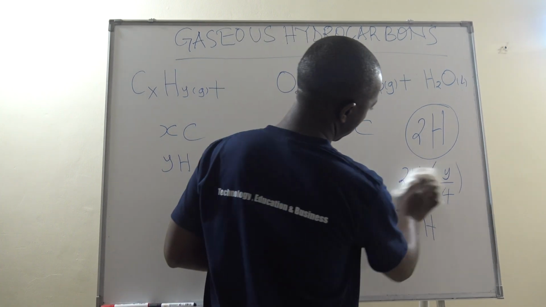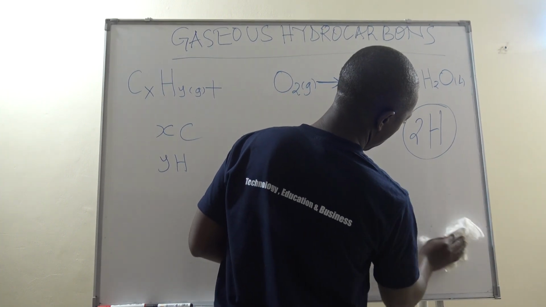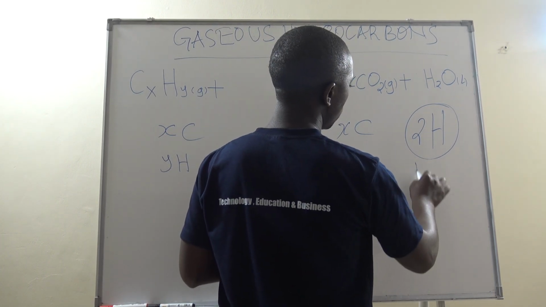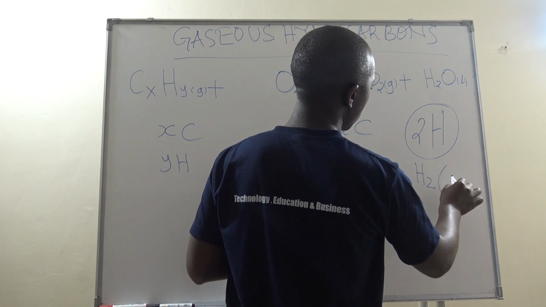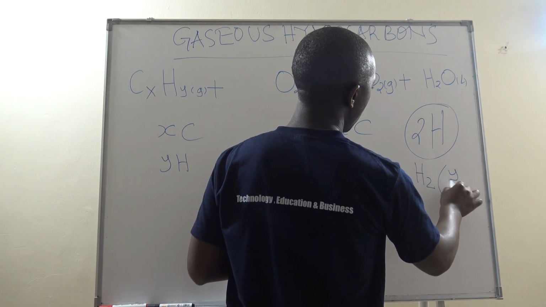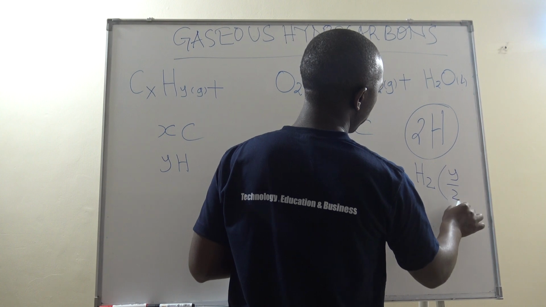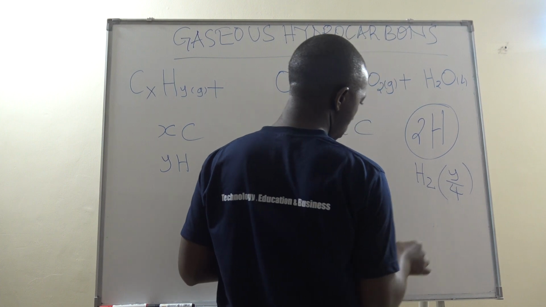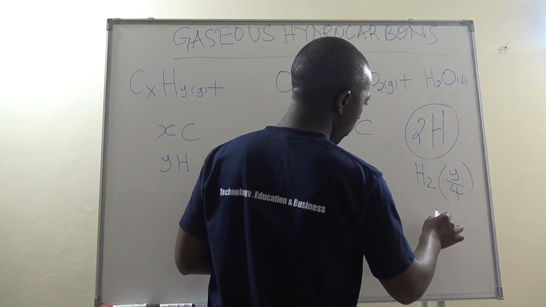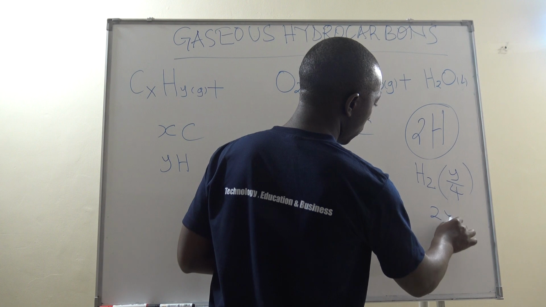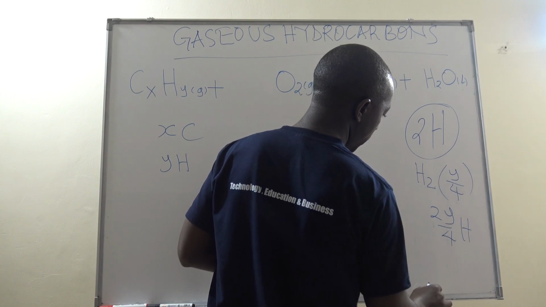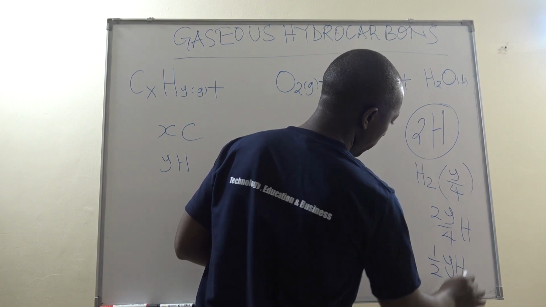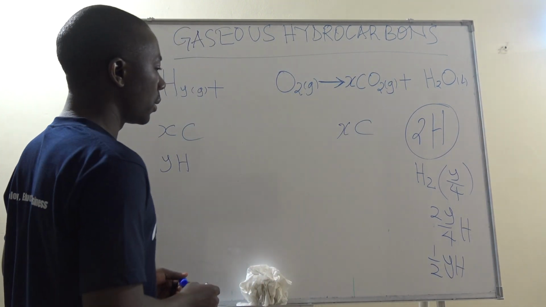This is 2 hydrogens times Y over 4, so we get 2Y over 4, which takes us to a half Y hydrogen. That's what we would be having.